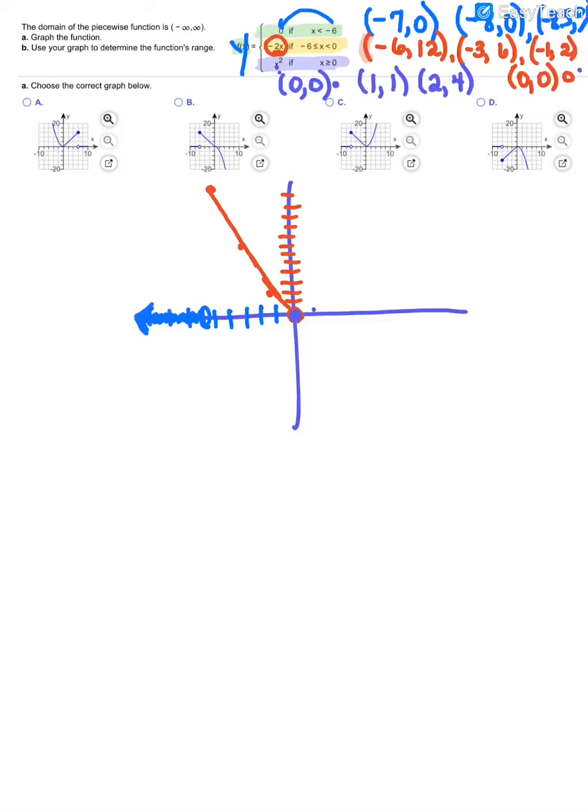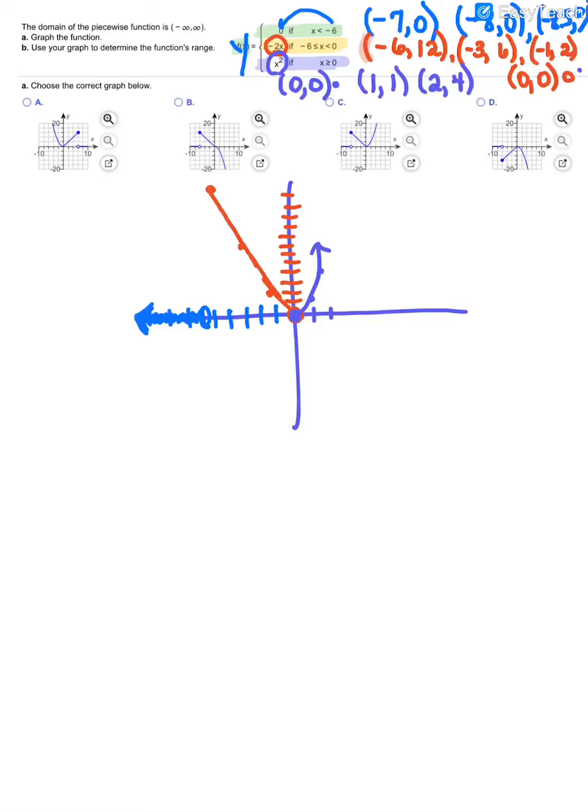And then we have points 1, 1, 2, 4. And what you should start seeing there is a quadratic curve with that particular one. And we know that as well because when your power of x is squared, you actually get a curve. So that's what our graph actually looks like.